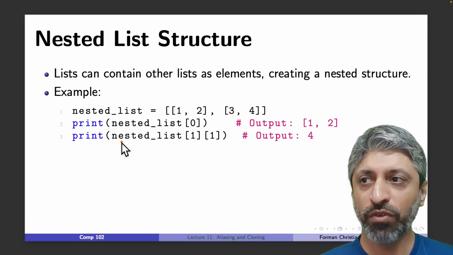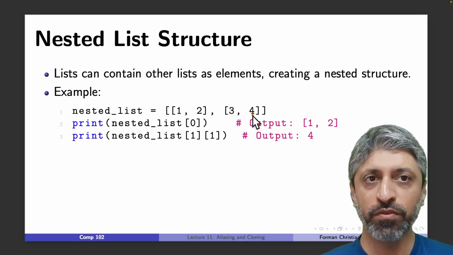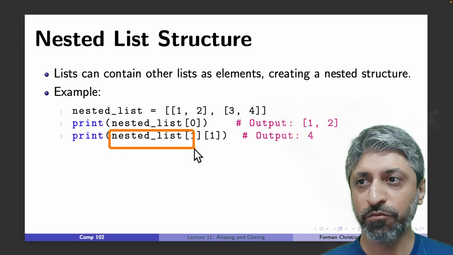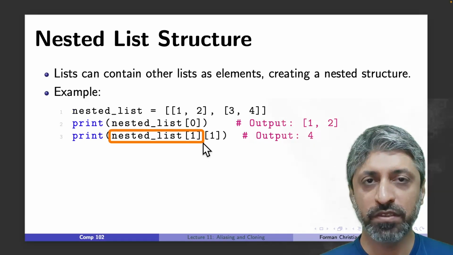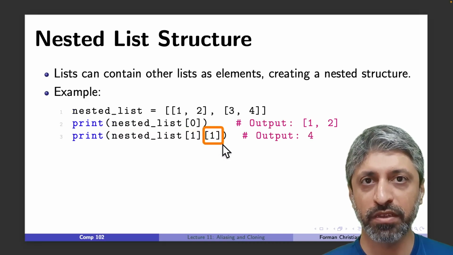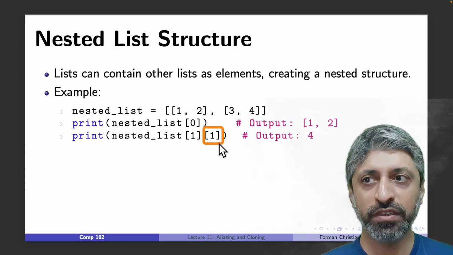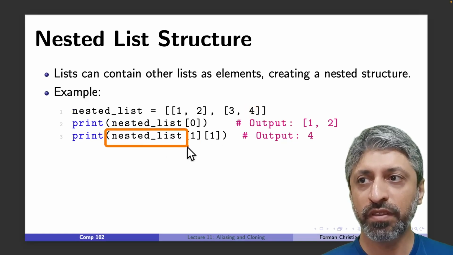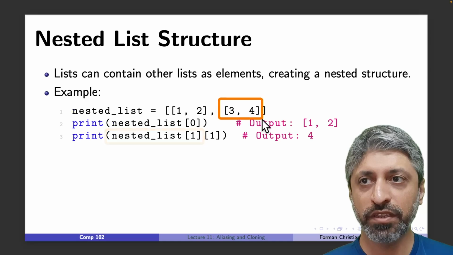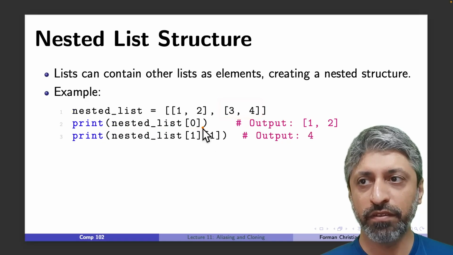But because the return value of this is a list, this is an expression, and its return value is going to be a list. Now on the return value, you have applied the subscript operator again, and then you get the index number 1 of the list that was returned, which in this case is going to be 4. So nested list 1 is going to return this list, and then when you apply the subscript operator on that list, it's going to give you 4.